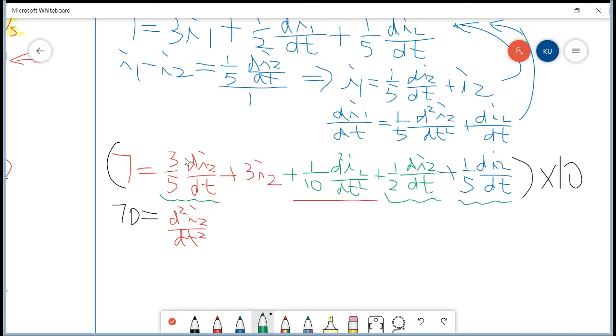So 10 times 3 over 5, which is 15, and this is 5, 15, 5, 20, this is 2 plus 22 di2/dt. And then the next, this one, is 30 I2.